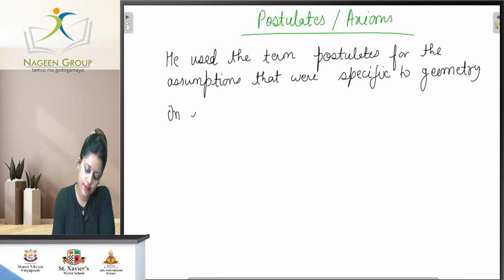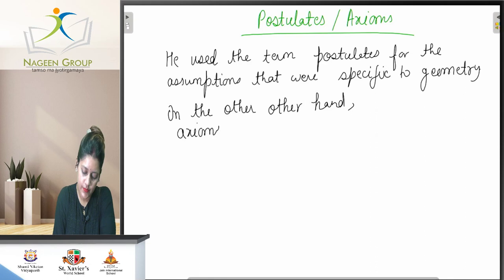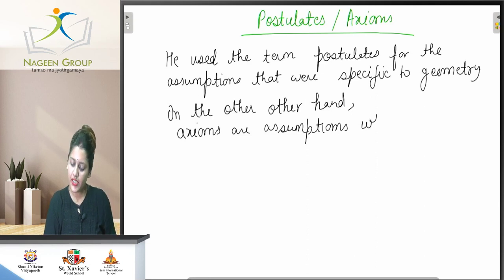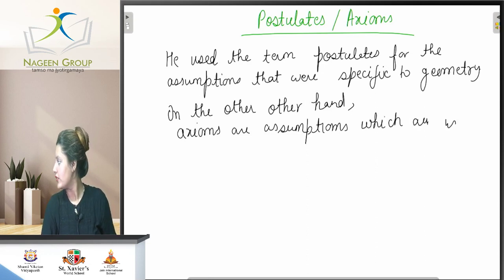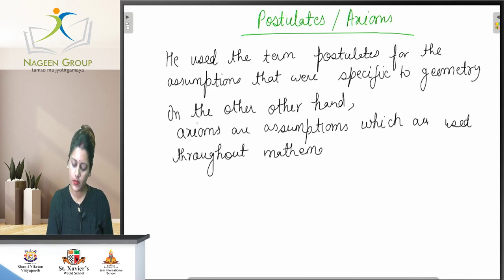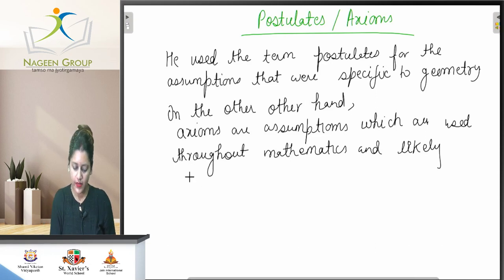On the other hand, axioms are assumptions which are used throughout mathematics and not specifically linked to geometry.